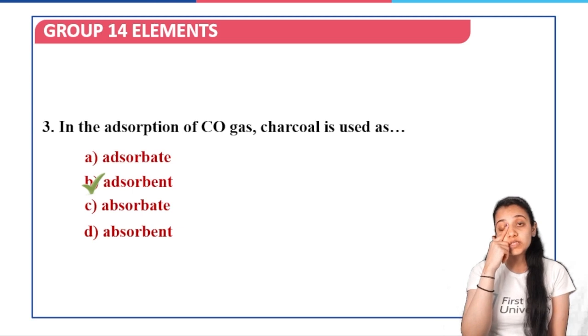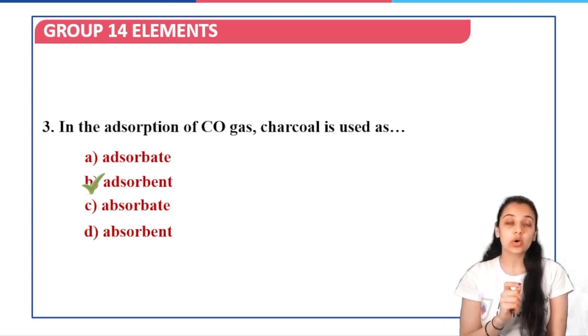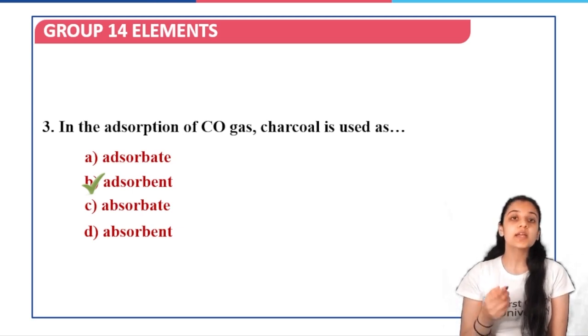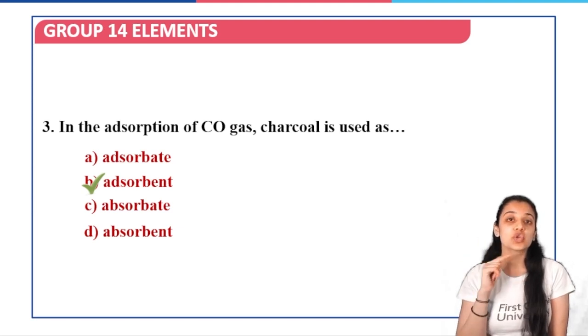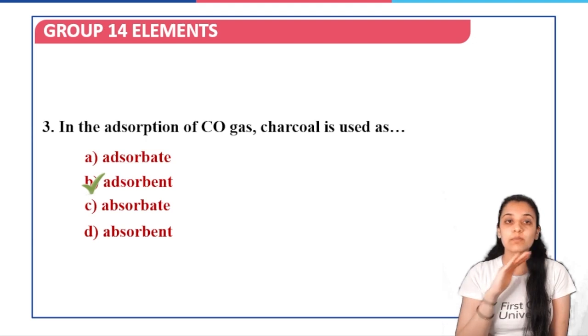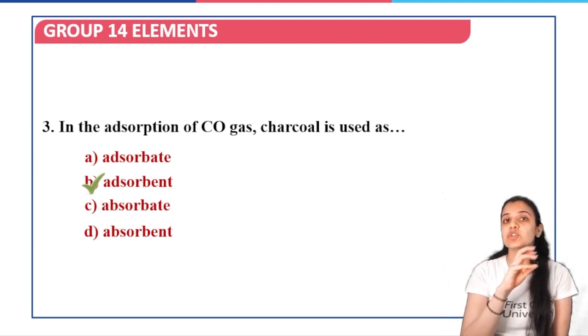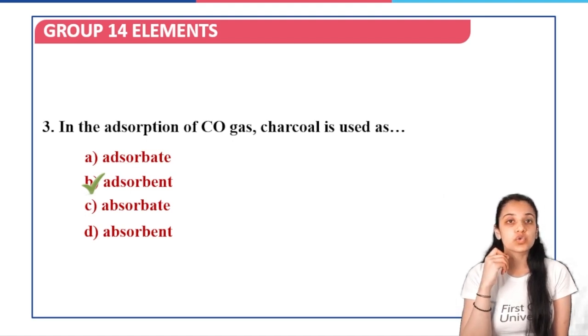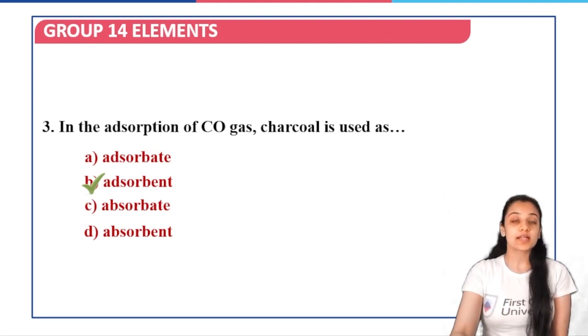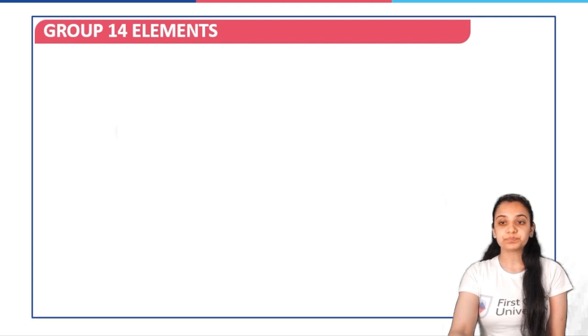Carefully see, option D is not adsorbent, it is absorbent. Whenever we are talking about adsorption, we talk about adsorbate and adsorbent. We do not talk about absorber or absorbent. So B and D are sometimes confusing, and in a hurry you might choose the wrong answer. That's something you need to pay attention to.